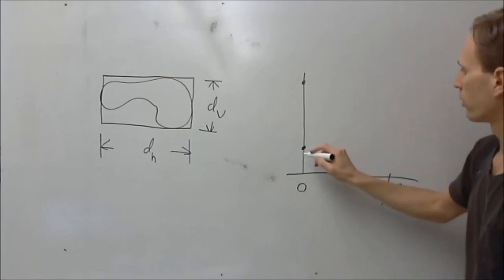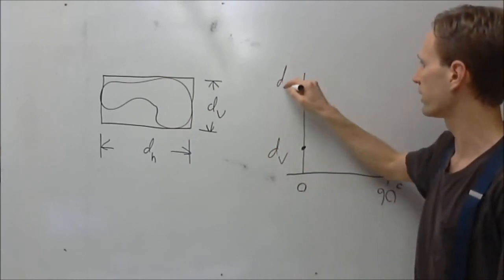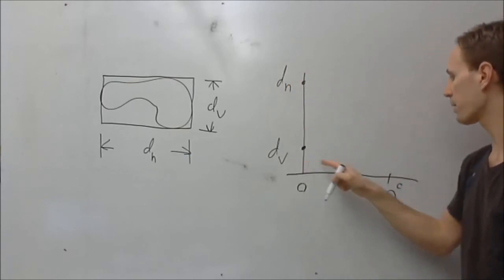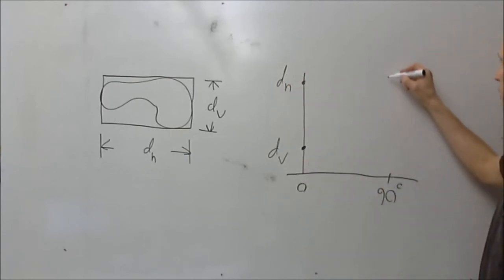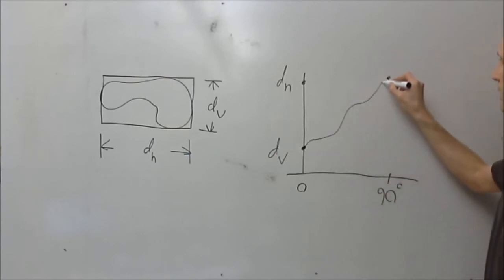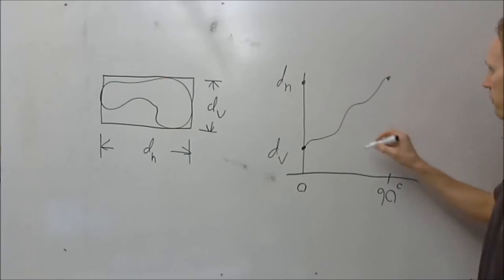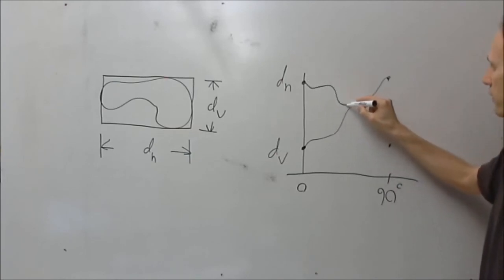So by the time I reach 90 degrees, dV is going to be what dH was, so it's going to get there somehow. And dH is going to be where dV was, and it's got to get there somehow.